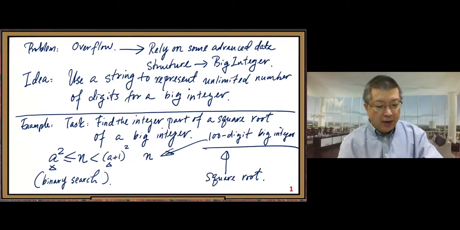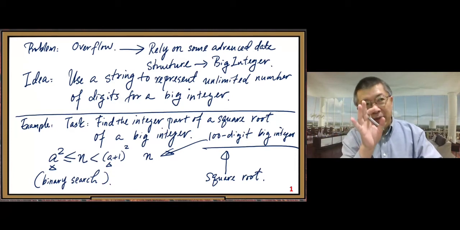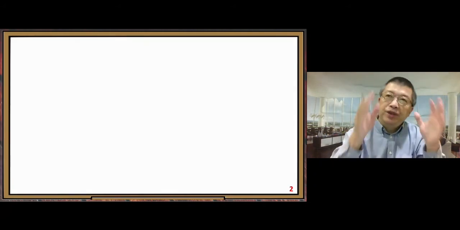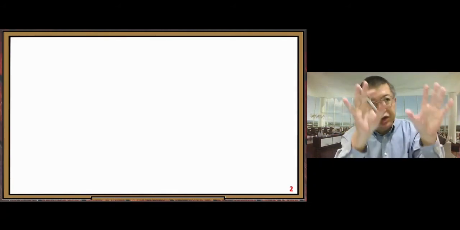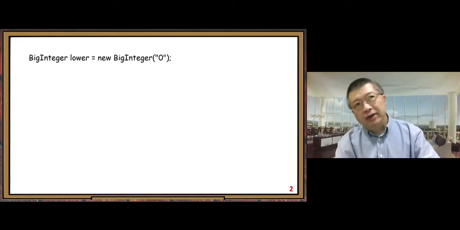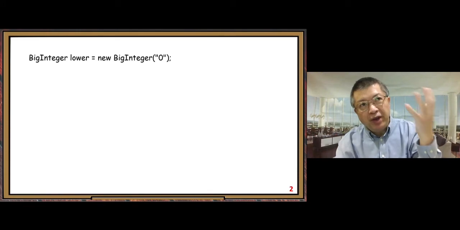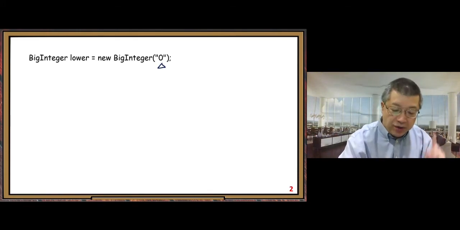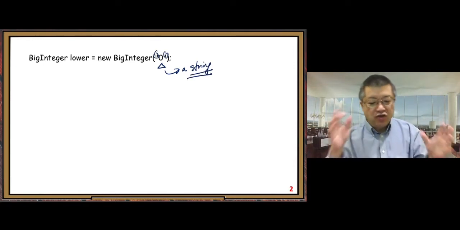Next, I want to talk a little bit about basic operations for BigInteger. We need to construct a BigInteger object. In this line, we construct a BigInteger object, but you can see we pass a string in double quotes to the constructor.